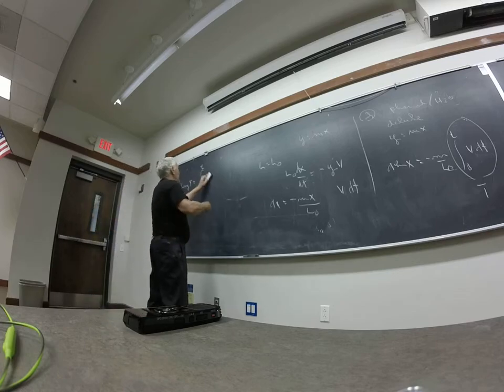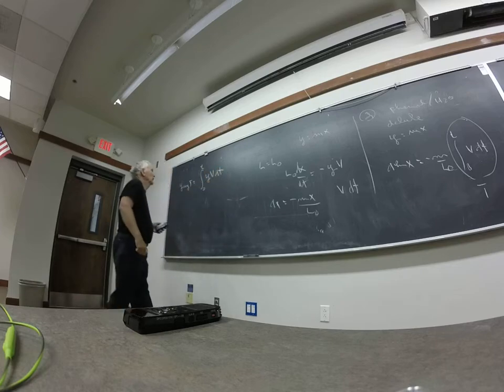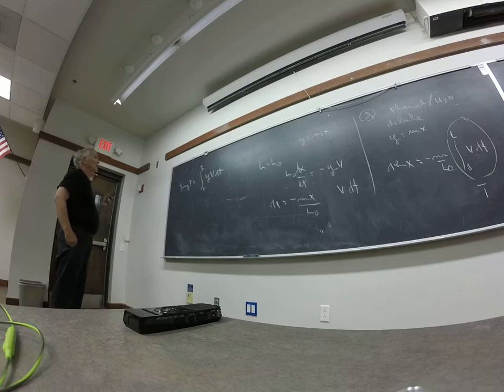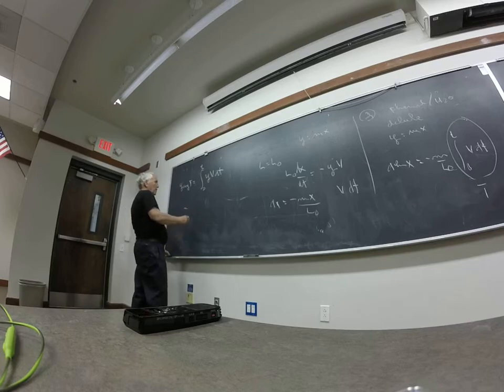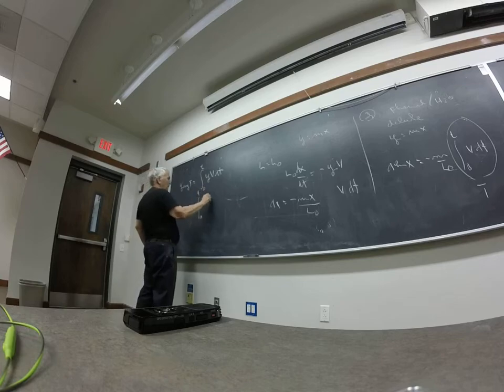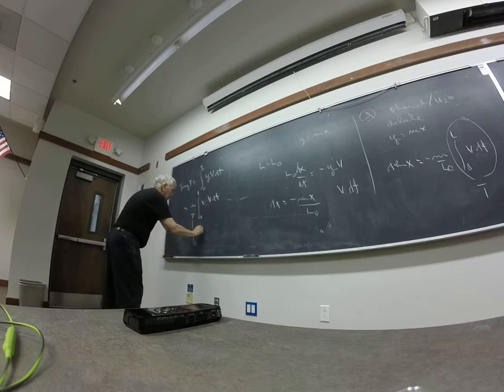It's y v dt. Okay, I guess I can deal with that. Y is mx. So it's m, the integral from 0 to t, of x v dt. So it's equal to m times the integral from 0 to t of x dt.